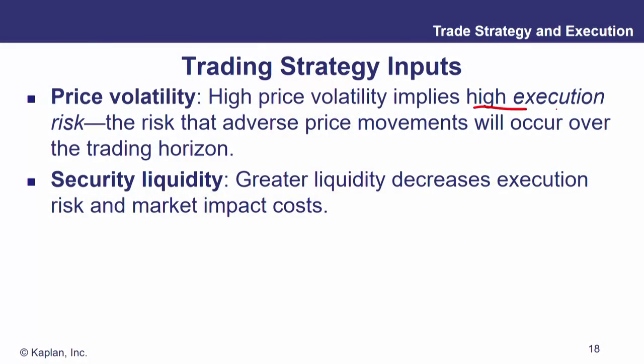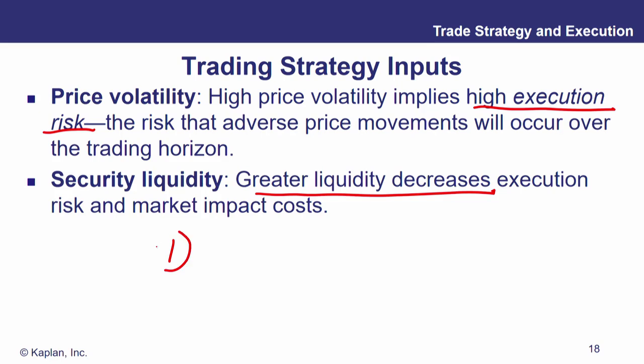Price volatility. If you have volatility in your prices, what does that imply? That implies high execution risk, or the risk that an adverse price movement is going to occur. Now, there can also be security liquidity. So if there's a lot of security liquidity, it's going to lower execution risk and market impact cost.